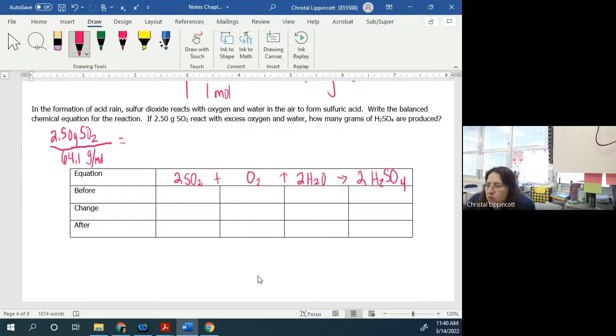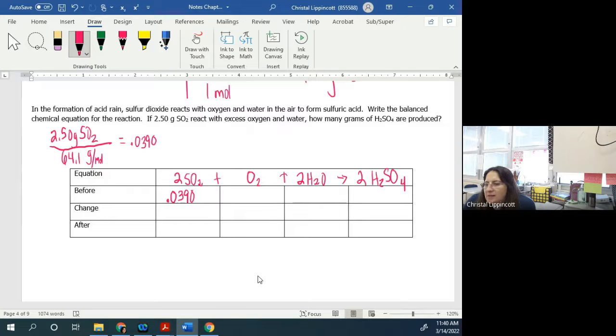That's 1 sulfur and 2 oxygens off the periodic table added together. So when I do that, I get 0.0390. Remember, you want at least 3 sig figs here. Zeros at the beginning of a number are not significant. So this is not significant, but we need it for a placeholder. So there I have 3 sig figs.